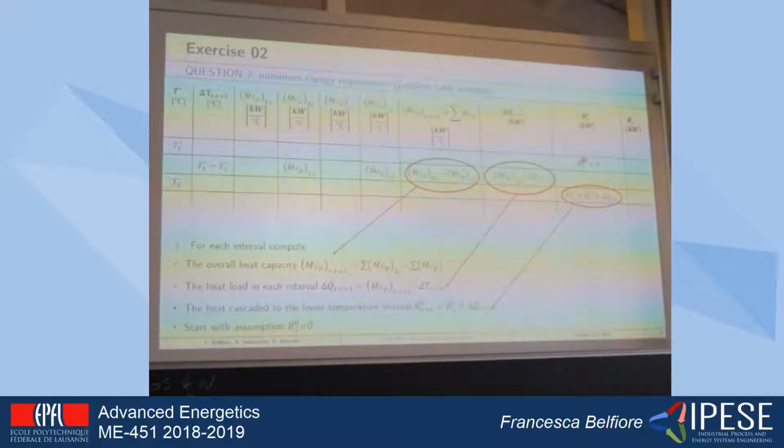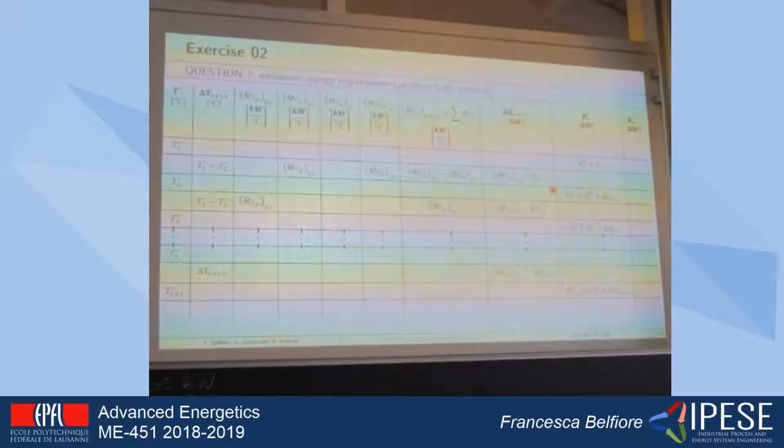So in this case, at the first step, we make the assumption that no heat is given to the first temperature interval, while the second temperature interval will give a heat load equal to its heat load that you have just computed to the following temperature interval. And you go on like that with all your temperature intervals.